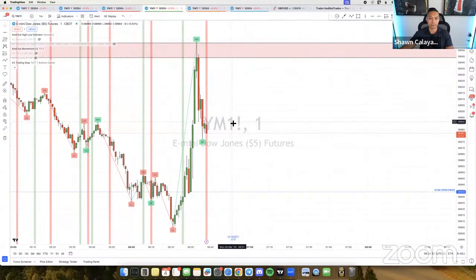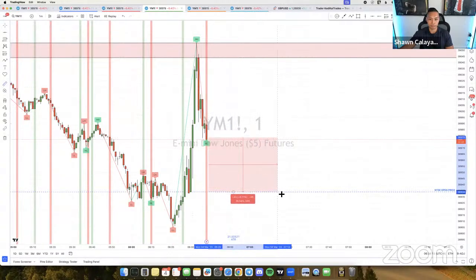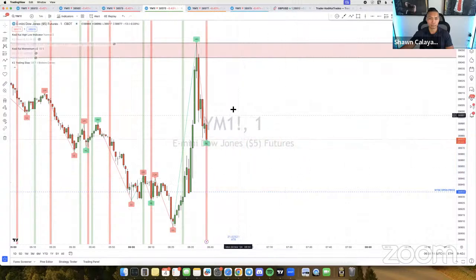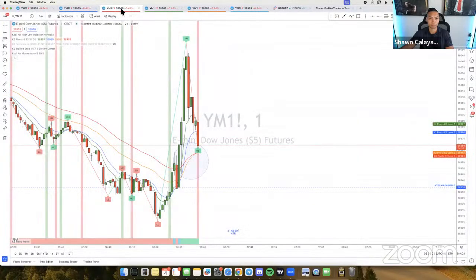At least not yet. As you guys can see, the volatility is starting to die down a little bit. Let's see how far price is from open. It's about 45 points. So it's not super far, but it's also not super close. So here goes. Price continues to swing around a bit.